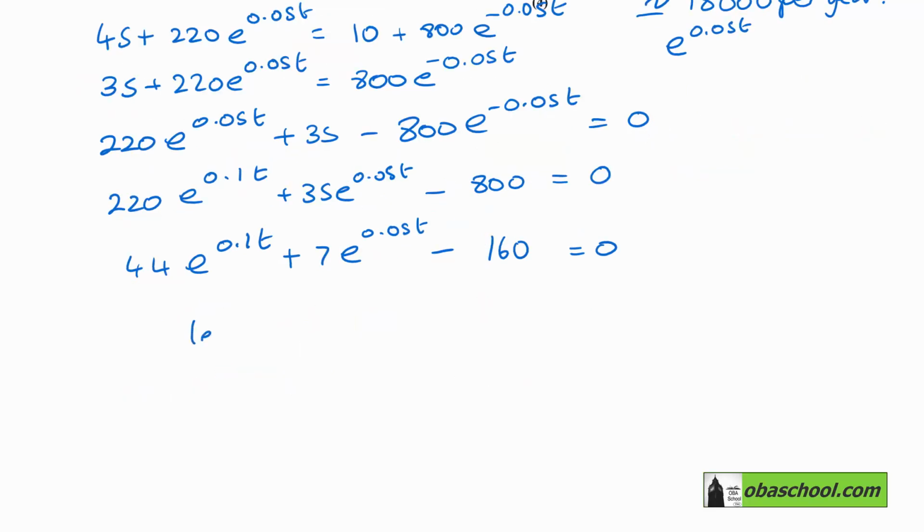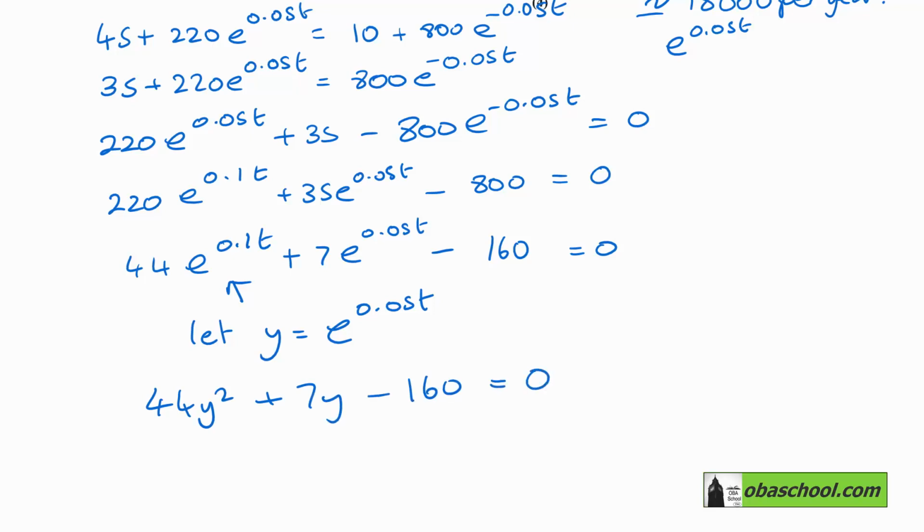And then we can let y be equal to e to the 0.05t. This one will then be y squared. So we have 44y squared plus 7y take away 160 is equal to 0.